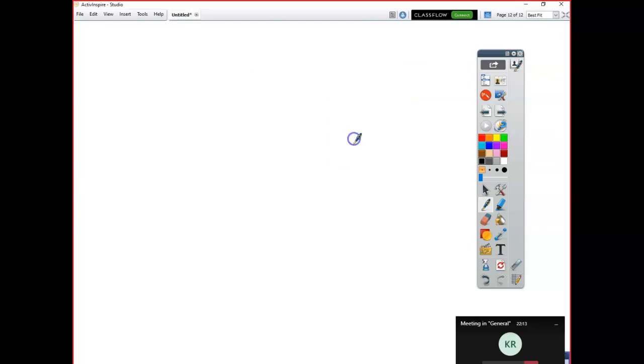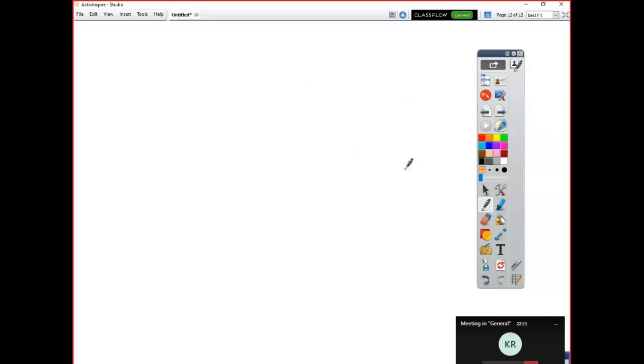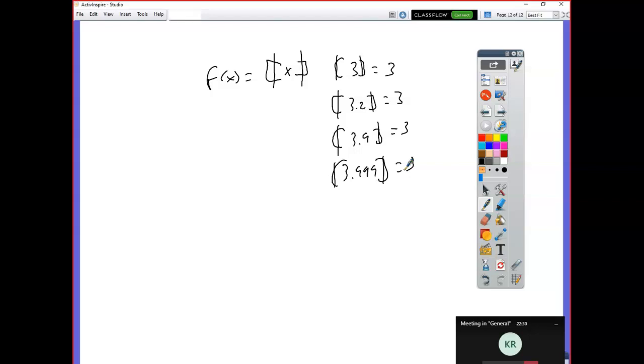If it's 3.9, it becomes 3. 3.99, still 3. Agreed? So it says chop, not round, chop. Take your integer and stop there. Okay? So that's what a greatest integer function does, this notation here.